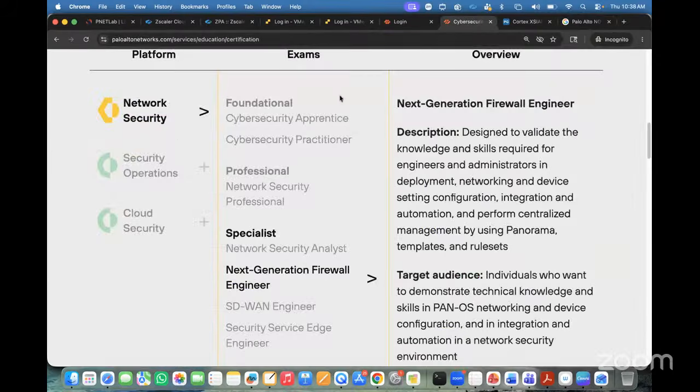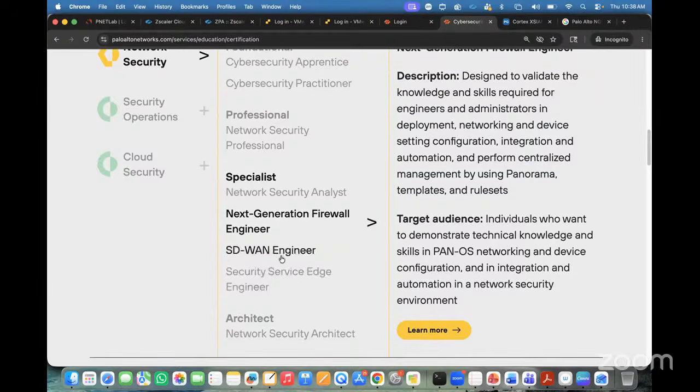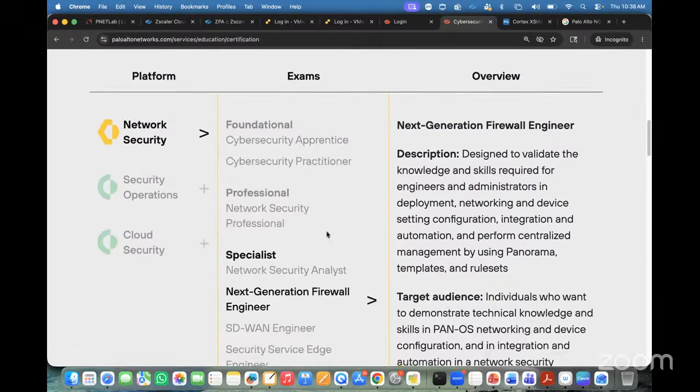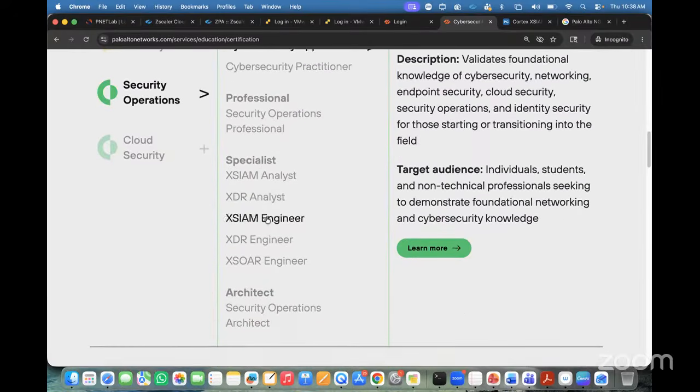Okay. Now, no other certification is needed as of now, unless we are planning for the SD-WAN course, the services course, or Network Security Architect, which is the highest course. For security operations, you can see here, I was talking about XSIAM Analyst, XDR Analyst, XSIAM Engineer, XDR Engineer, and XSOAR Engineer. These are the courses available.